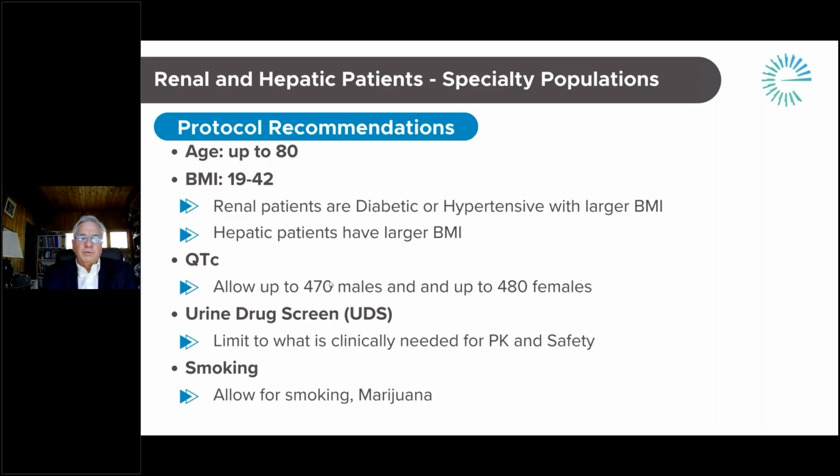And the urine drug screens, be careful what you ask for and be clear on potential drug-drug interactions. Limit your drugs to those that have a direct drug-drug interaction, and if possible, put a limitation on your CYP enzymes to strongs and moderates and allow for the substrates.